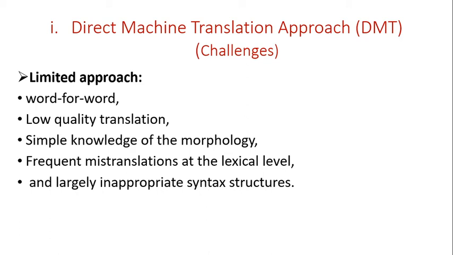It depends on the volume of text to be translated, on the purpose of translation, and on the users of the translation. What is the type of users that would use the translation based on DMT?